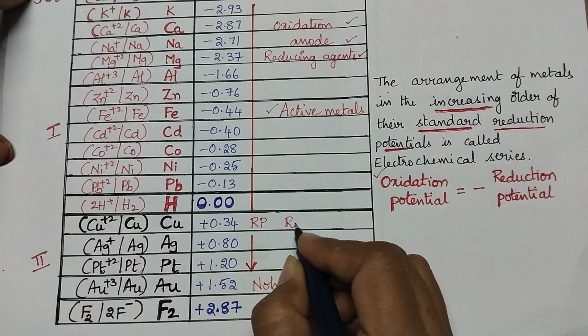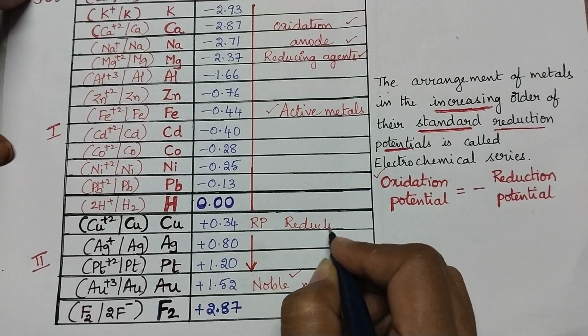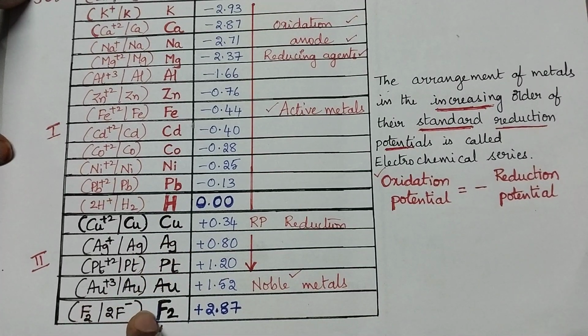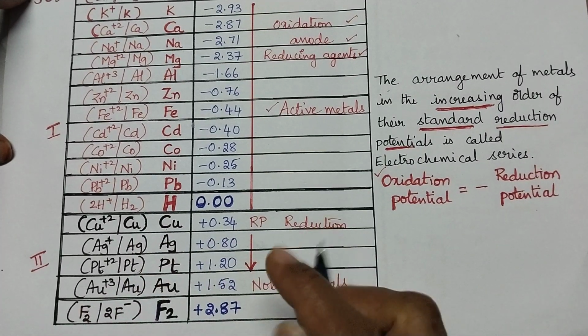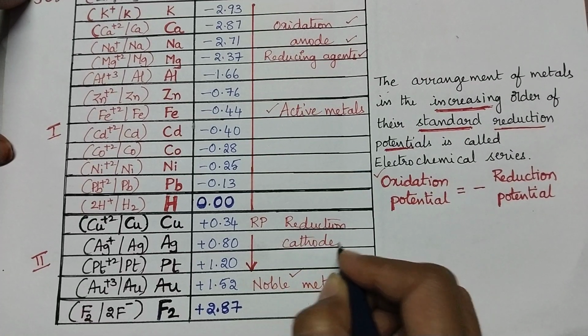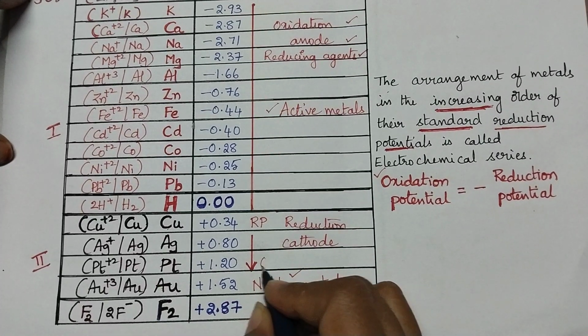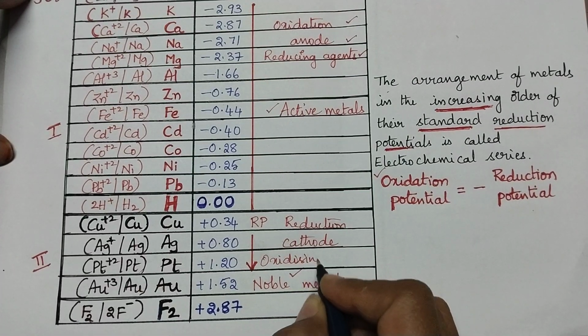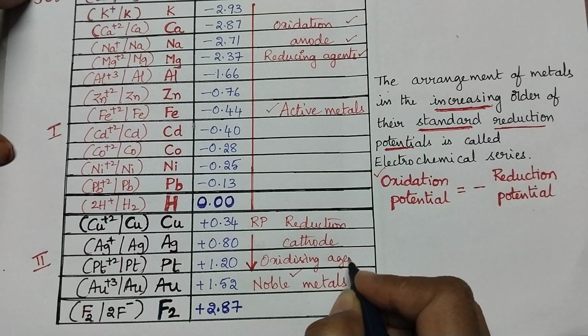Coming to the metals which are placed below hydrogen, they include noble metals and they are having greater tendency to undergo reduction. So they can act as cathode. That means they can be used as best oxidizing agents. Clear, students?